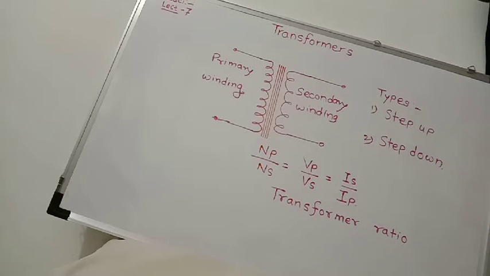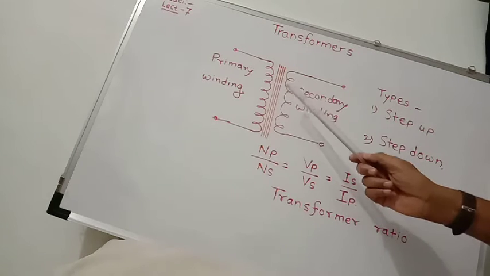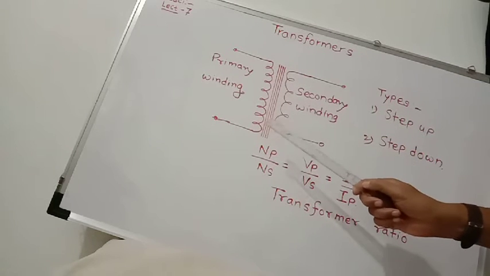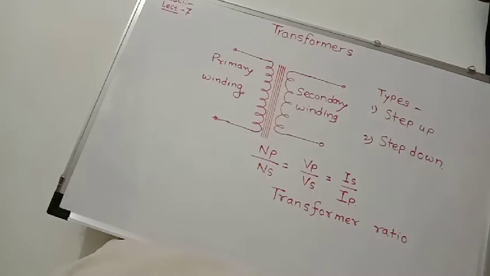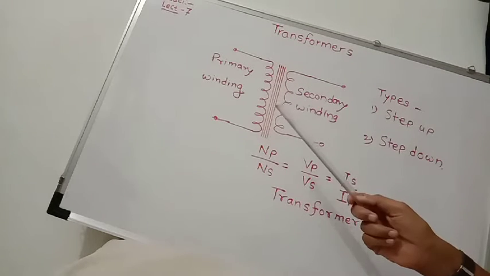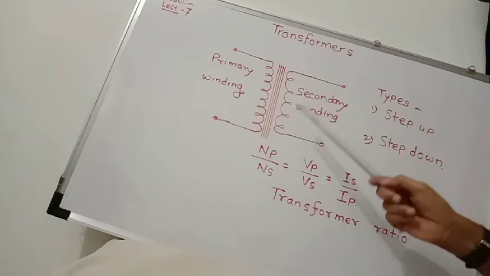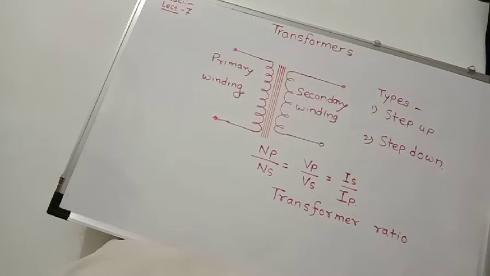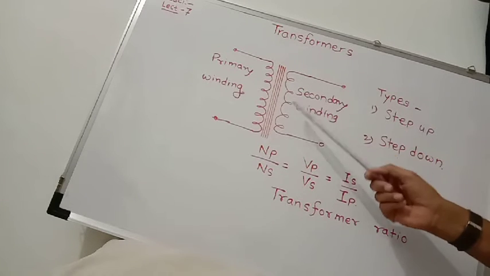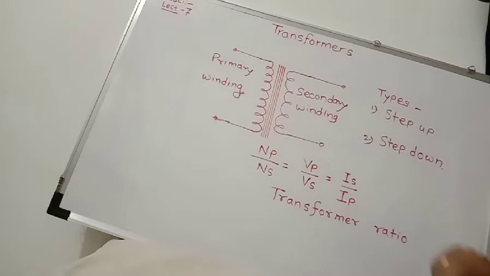When the number of turns in the secondary winding is larger than the number of turns in the primary winding, the transformer is called a step up transformer, because we get more voltage than the primary voltage.